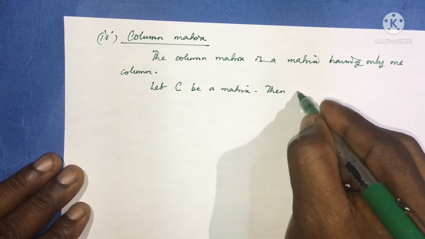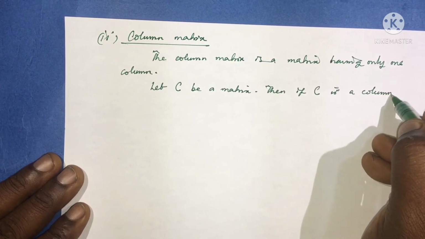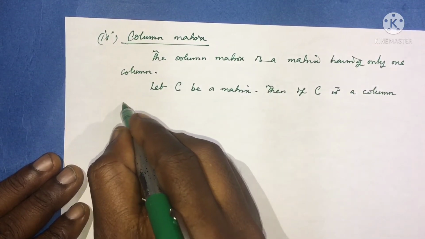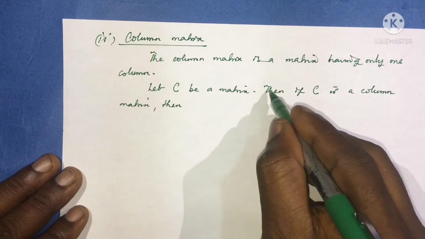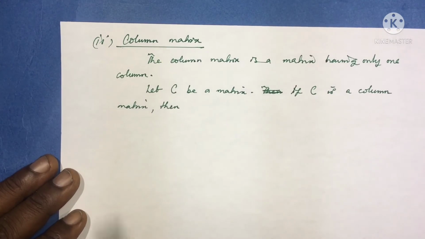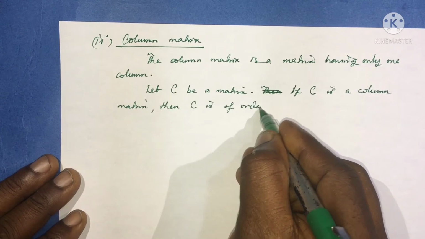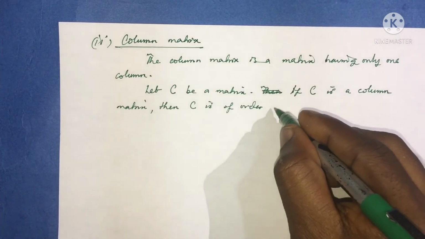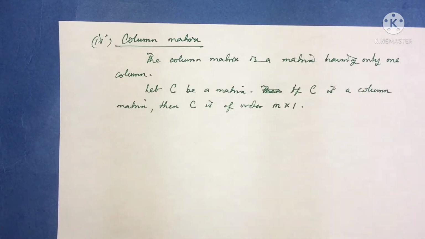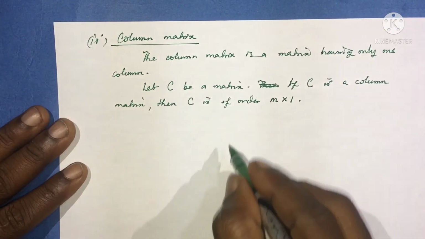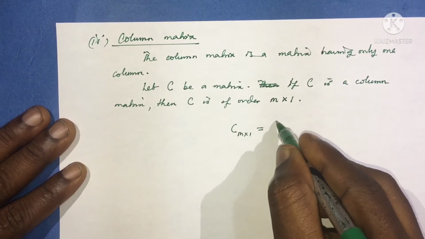If C is a column matrix, then C will be of order m by 1. That means we can write C m by 1 as this.